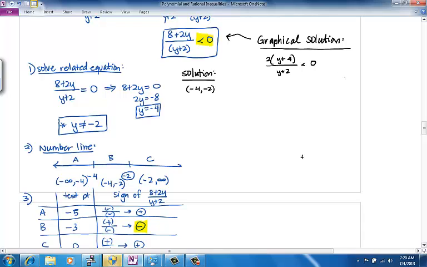So I'm looking at 2 times the quantity y plus 4 over y plus 2 is less than 0. So I want to graph. I could say f of x equals 2 times x plus 4 over x plus 2.